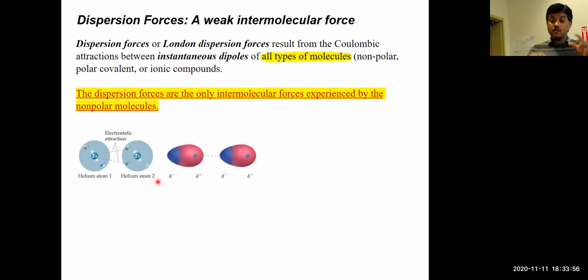When they continuously move, there is obviously at one stage no electron cloud on one side and electron cloud on another side. So let me repeat that.